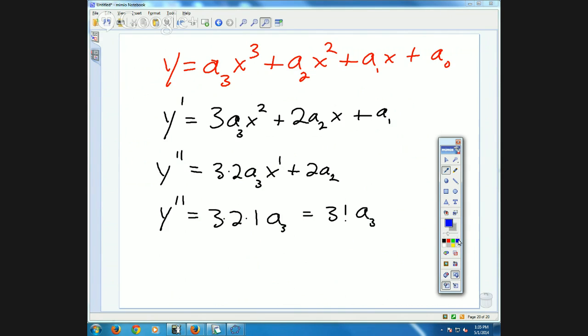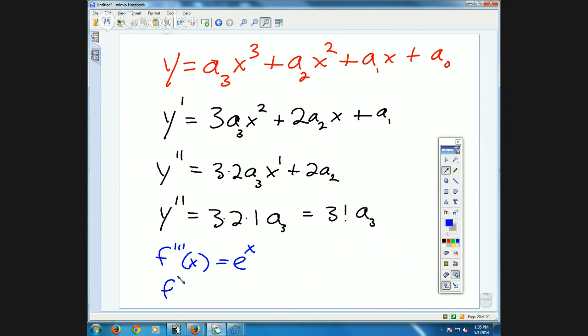We need to find f triple prime of x. What's the third derivative of e to the x? It's still e to the x. That's no work. And we have to evaluate that at 0, so that means this 6 a sub 3 has to be equal to 1.